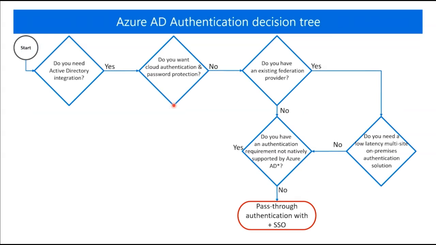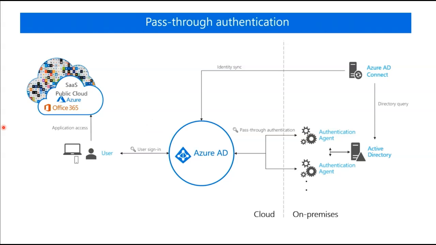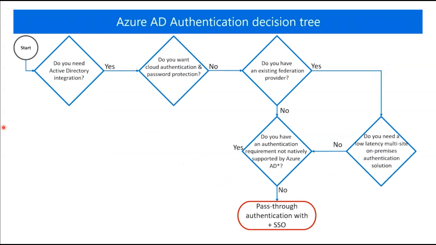The point here is you can start from: do you need Active Directory to be integrated? Yes. Do you want cloud authentication with password protection? No. Or do you have an existing federation server? No. All this workflow will end up there. Clearly, Woodgrove Bank cannot use password hash sync, because the password policies they are using are completely different from what Microsoft Azure provides.